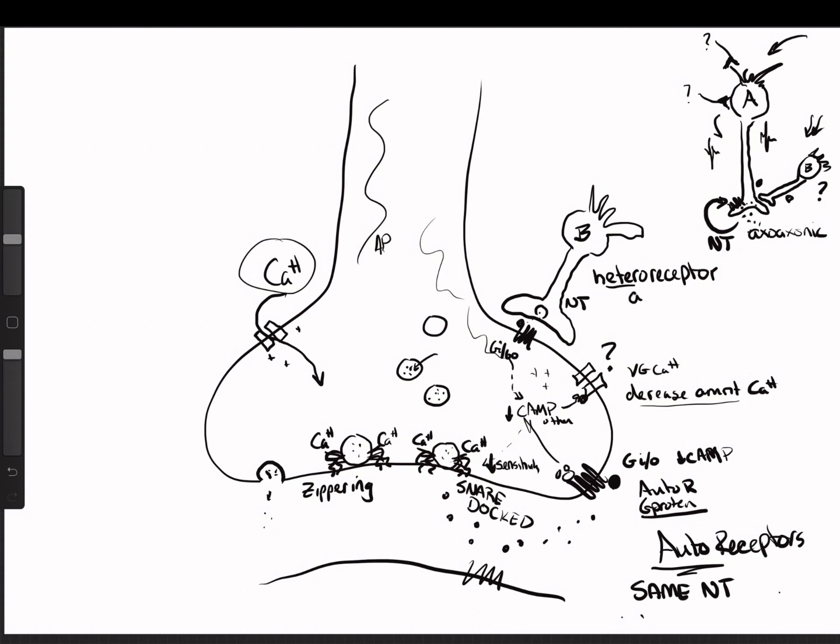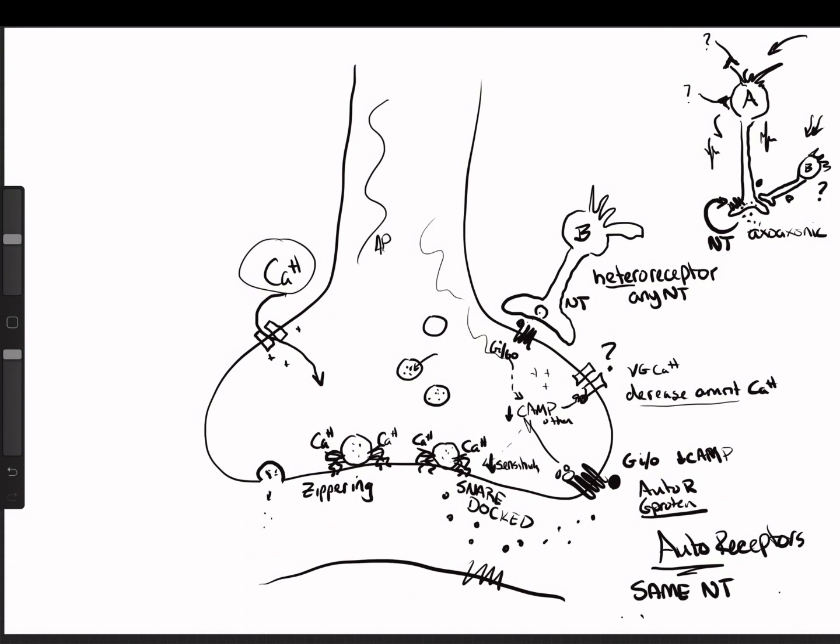Heteroreceptors can be any neurotransmitter. So if, say, neuron A was a cholinergic neuron, then neuron B could be serotonergic. And so it's coming in and using a different neurotransmitter to modulate release here.